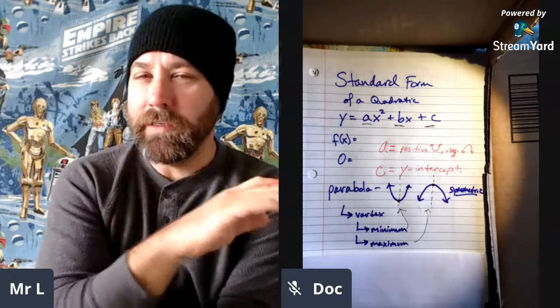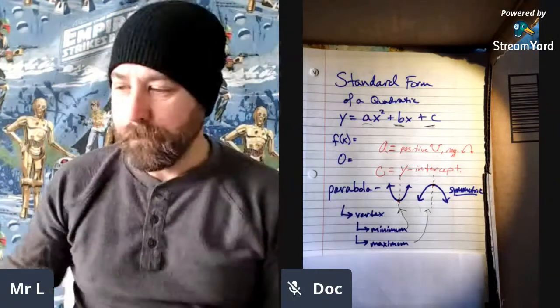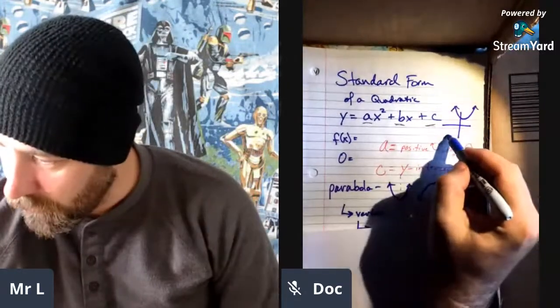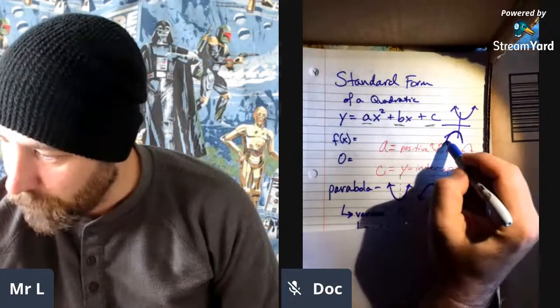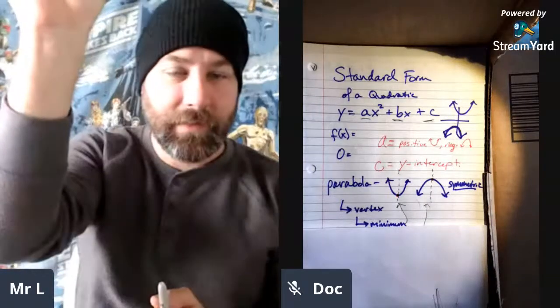Can you draw a sketch of that parabola that does not cross the x-axis in any way? Something like this, or, oops, forgive my parabola sketch. But a parabola that doesn't cross the x-axis is just above the x-axis, or it's below the x-axis.